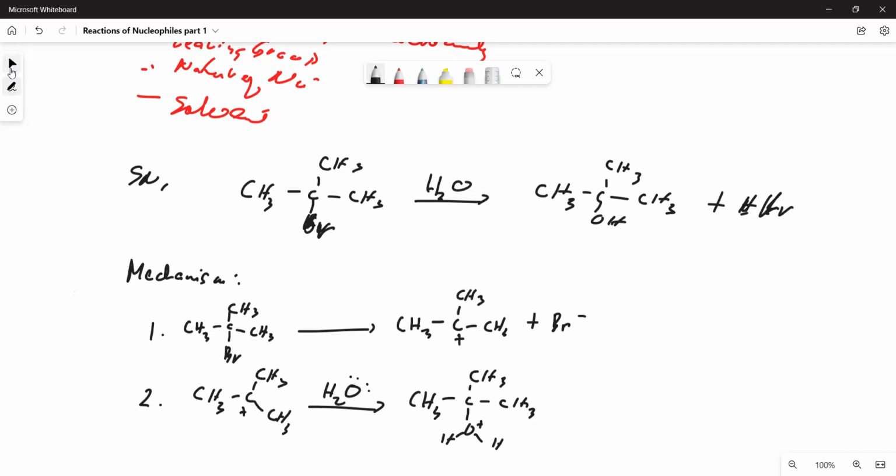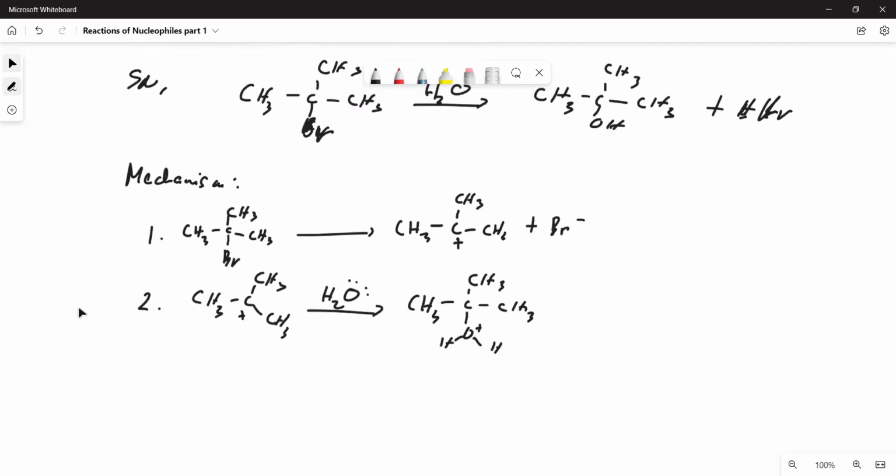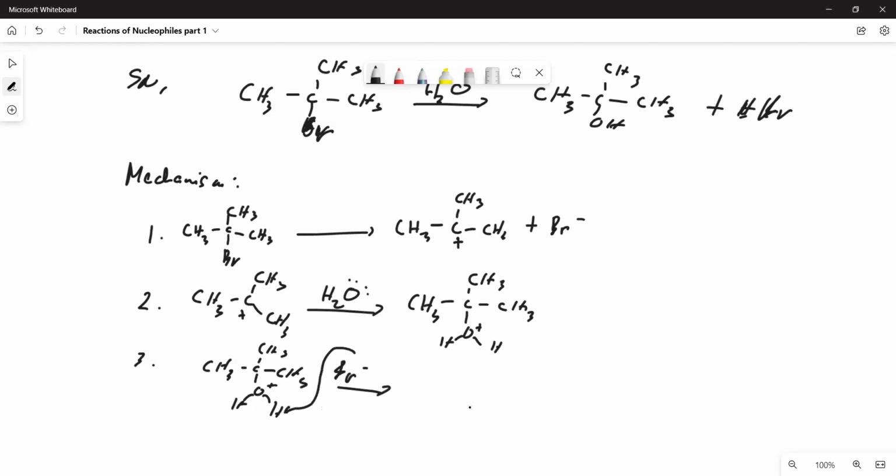So finally, you will have the third step, where the bromide has to remove this to neutralize it.